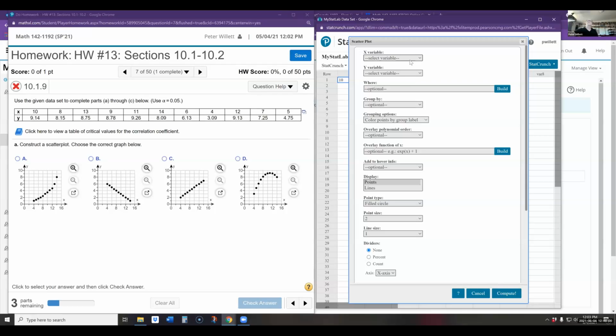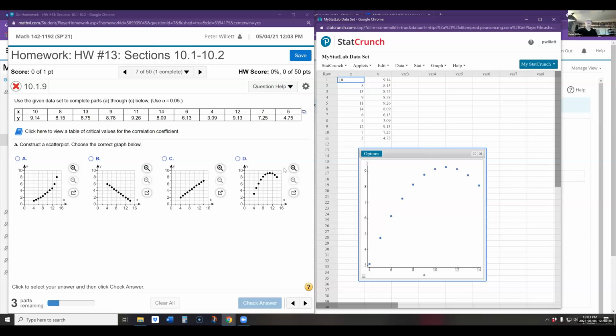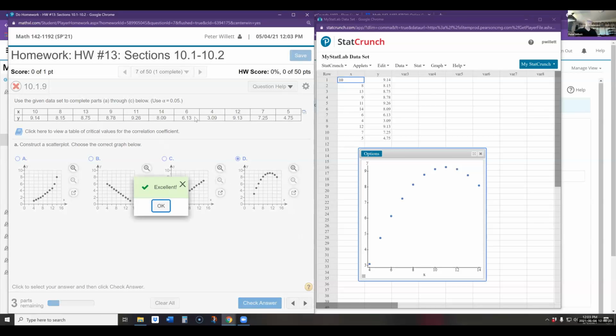And I'm going to select X for X and Y for Y because they kept it nice and simple. And that's it. I'm going to compute. So it looks pretty clearly that D is the pattern here. So that's how you can take the data set, drop it in StatCrunch, go to Graph and make a scatter plot. We've actually done that before, but we will be doing more. So let's continue.